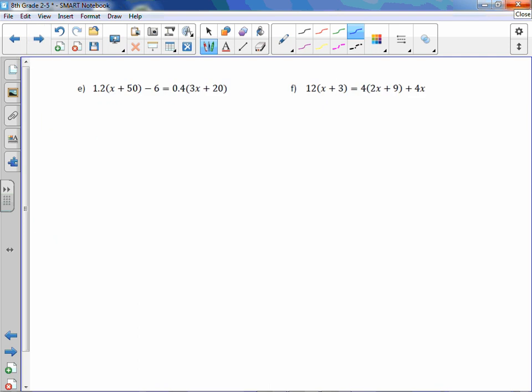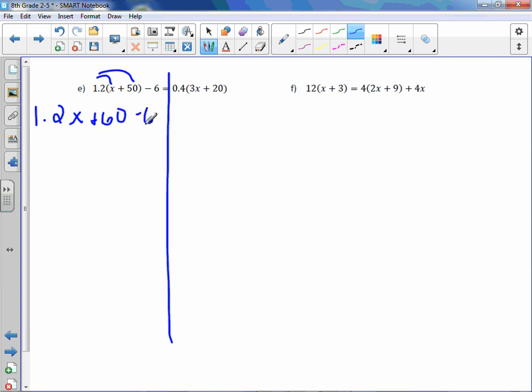Letter E. Distribute the 1.2. 1.2x plus 60 minus 6 equals, distribute the 0.4. 0.4 times 3x is 1.2x. 0.4 times 20 is positive 8.